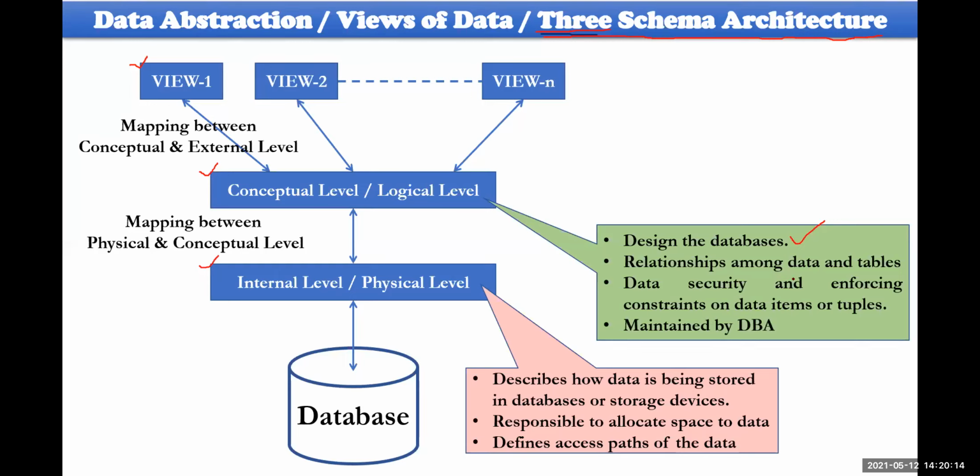Of course, the database programmer also maintains this conceptual schema. And finally, views, otherwise user 1, user 2, and so on up to user n. Using conceptual level schema definitions, this is done.